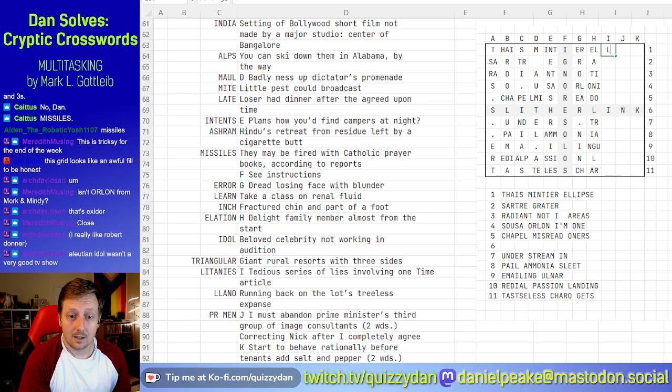Ellipse. LIT. There's an E there, so I think there's nothing there. I'm just going to put that there because I haven't put anything in there. LIT. Not I, A. And then N, because it is misread honours. Yes, litany.